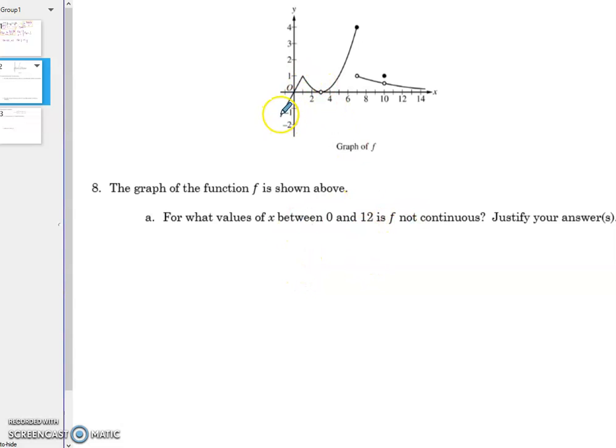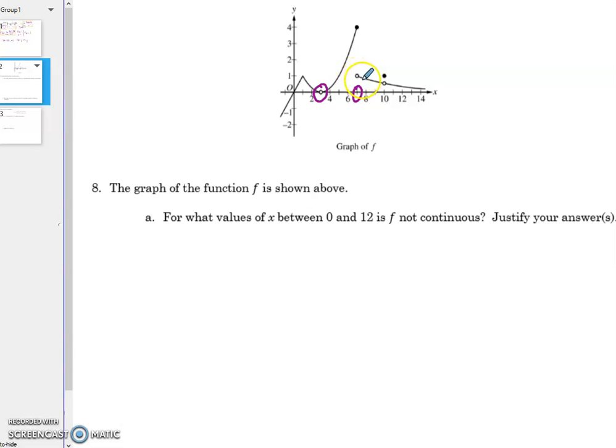continuous. So if I'm drawing this graph, I start here, continuous, and there's a little thing here, but I can still draw it. And there's a hole there. So here's one place it's not continuous. Then I keep going. I got to pick up my pencil again here because I just jump. But there's another place. This looks like x equals 7.